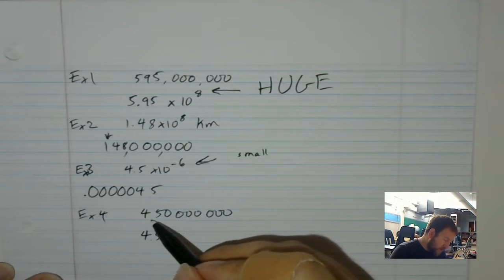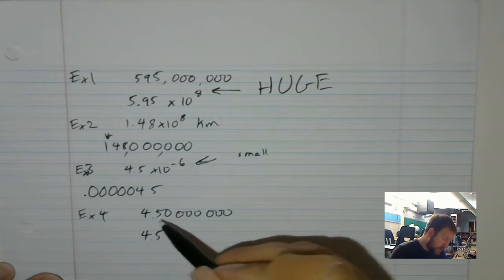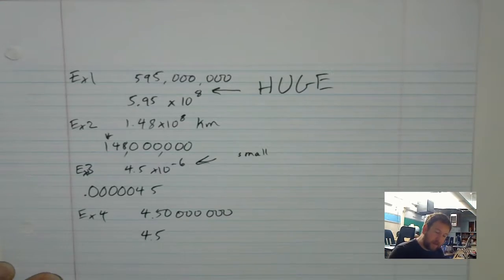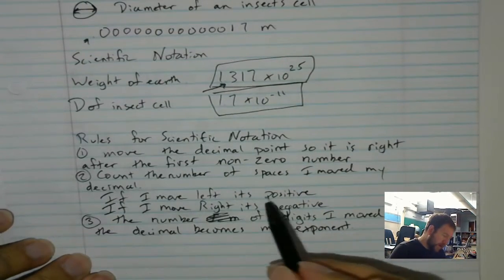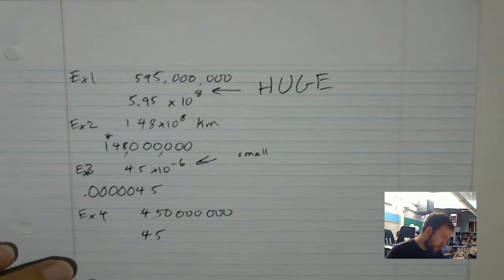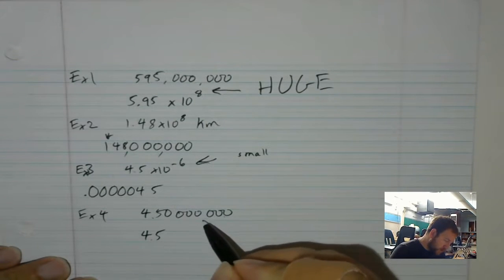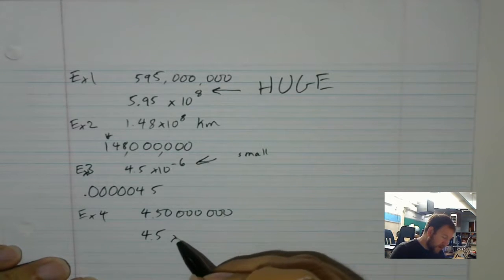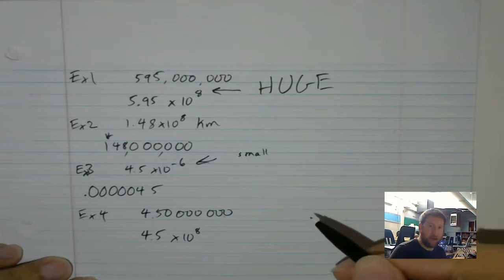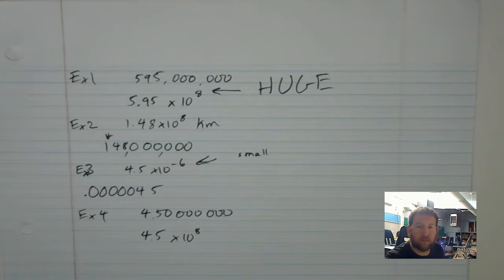So I need to figure out how many places that was. I'm going left, so let's look at our rules. If I go left, it's positive. So I'm going to go 1, 2, 3, 4, 5, 6, 7, 8. Times 10 to the 8th. Nice. Easy.